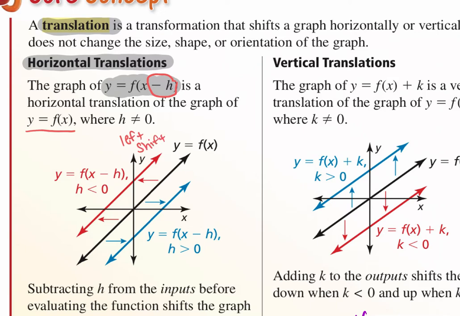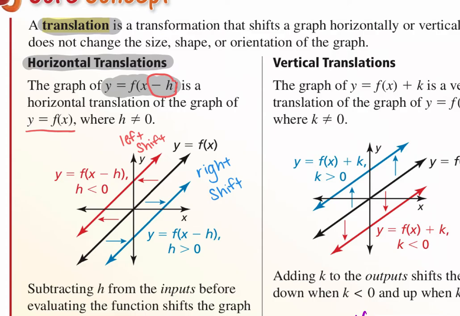We only shifted our graph, we didn't change its direction, we just shifted it to the left. In the blue, write that that is a right shift. And we're shifting it by the value of h. Whatever value you're subtracting from x, that's how much you're shifting your graph.